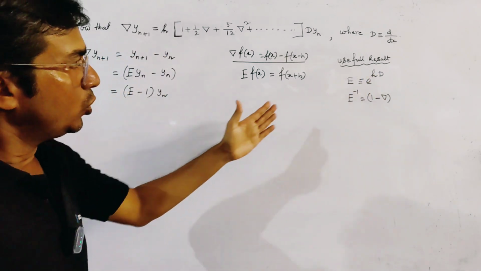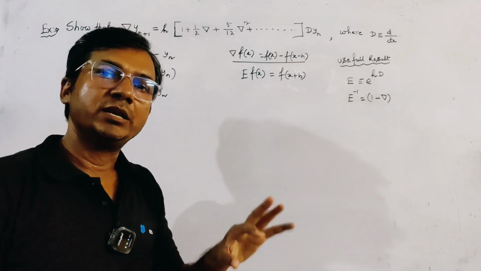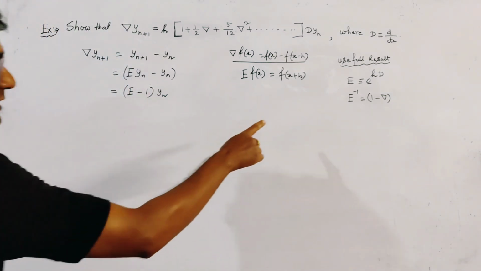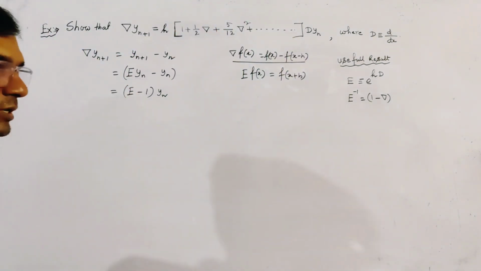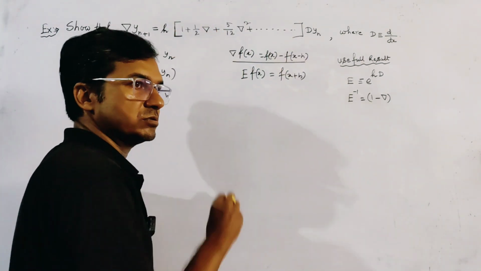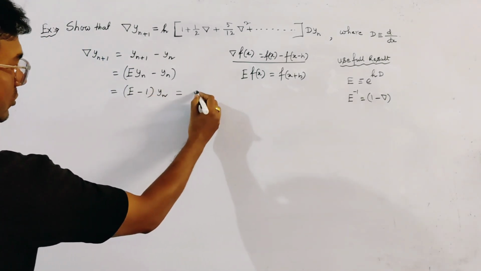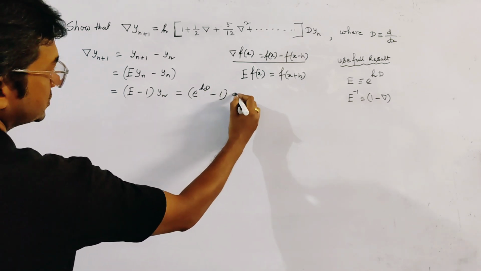We already proved all the relations between the operators in the previous two or three classes. You can see those proofs, and the link of these videos is given in the description box.